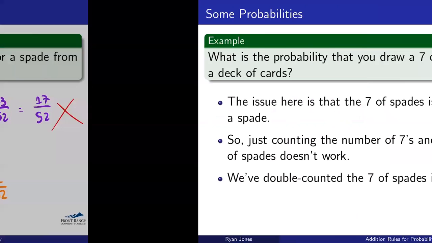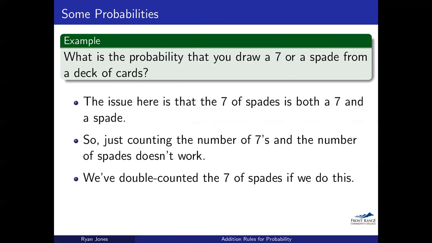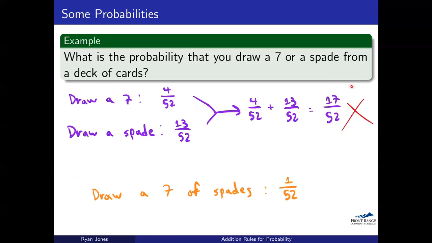The 7 of spades is both a 7 and a spade. So if we just count the number of 7s and the number of spades and add them up, it doesn't work because we're double counting the 7 of spades. If we just do 17 over 52, adding the 4 and the 13 ways, we're double counting one of those ways.